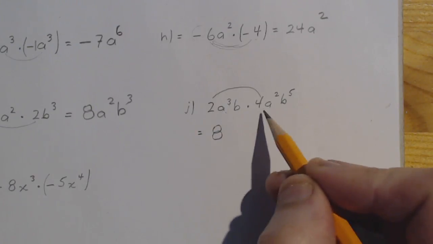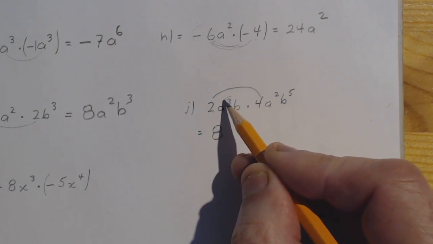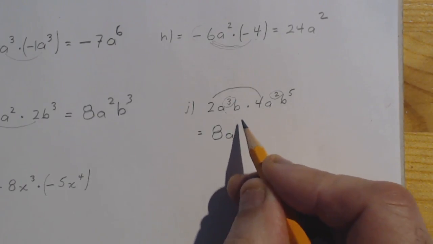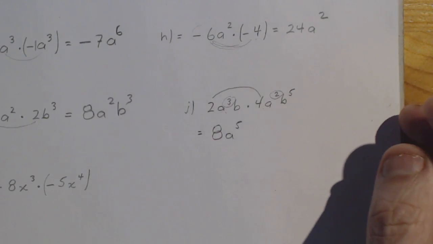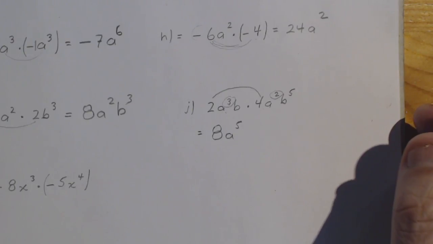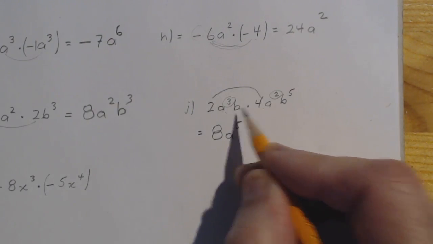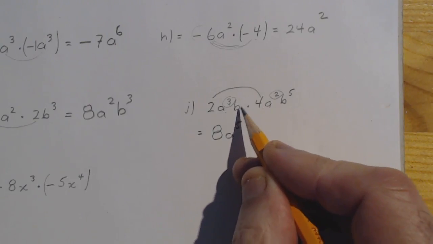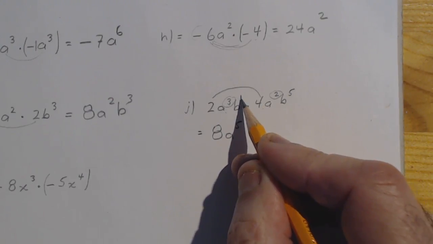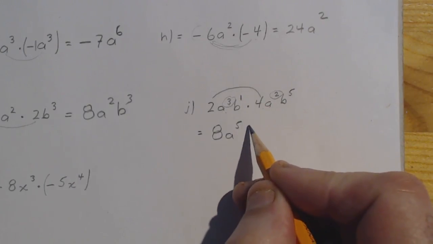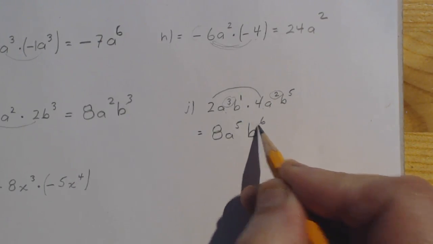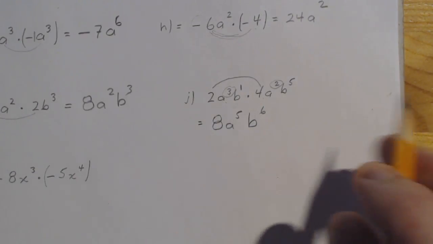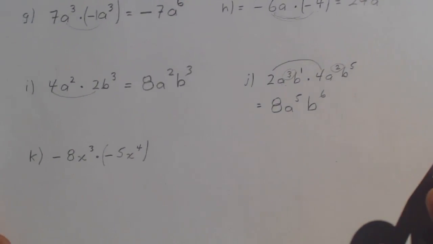Now these variables are the same, so I can add these two exponents and get a to the power of 3 plus 2, a to the power of 5. Now I've got a b and a b to the power of 5 there, so I multiply those. That means b to the power of 1, so 1 plus 5 gives 6, so b to the power of 6. So our answer is 8a to the power of 5, b to the power of 6.